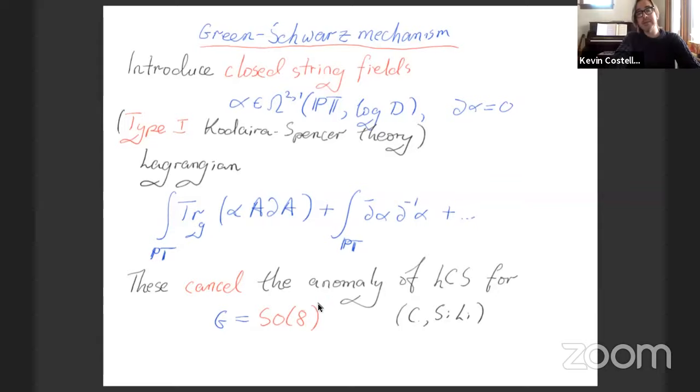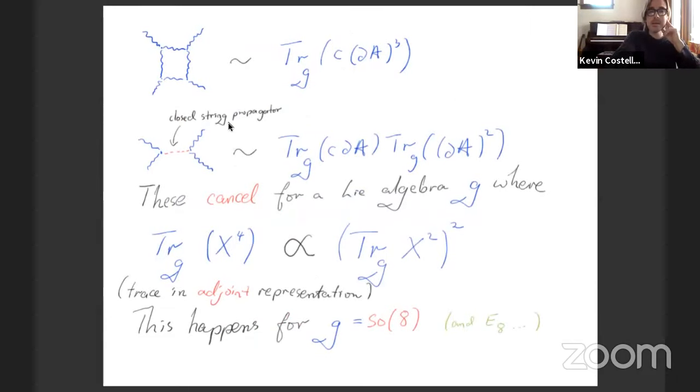So what C and I showed is that if the group is SO(8), then introducing these closed string fields will cancel the anomaly. Let's see why that's the case. We saw that this diagram gives rise to an expression which looks like the trace of the gauge variation parameter times del alpha cubed.